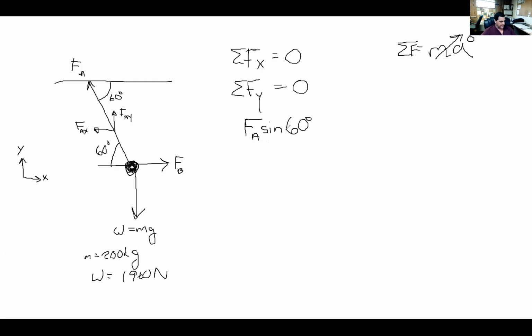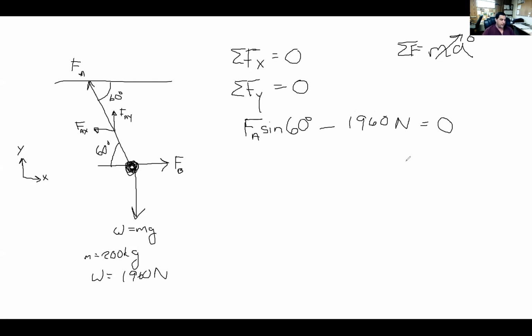So it would be FA times sine of 60 degrees. And as you can see, that's positive. So keep track of your signs. Minus the weight of the chandelier, which is the 200 kilograms times gravity, or 1960 newtons, is equal to 0.